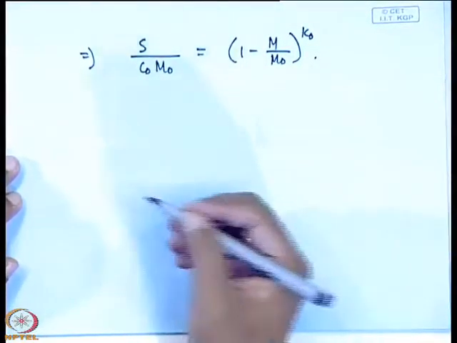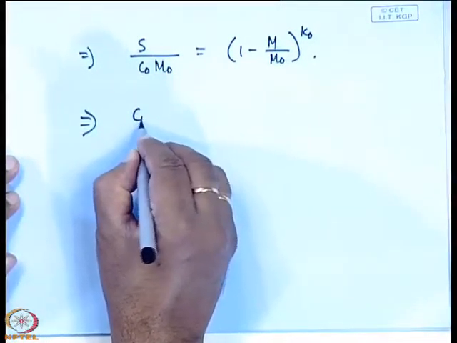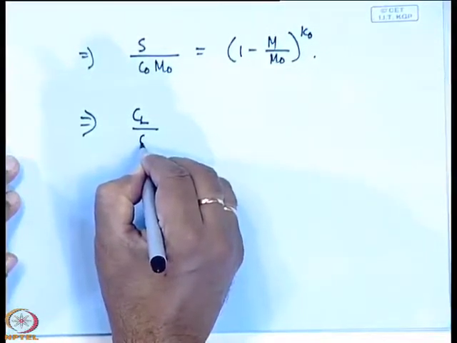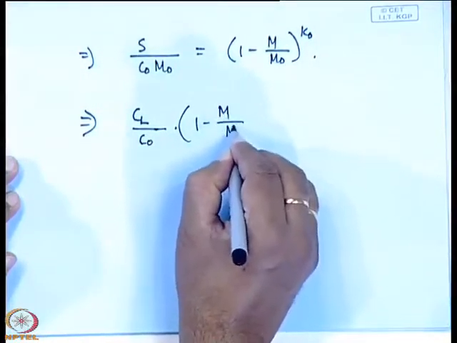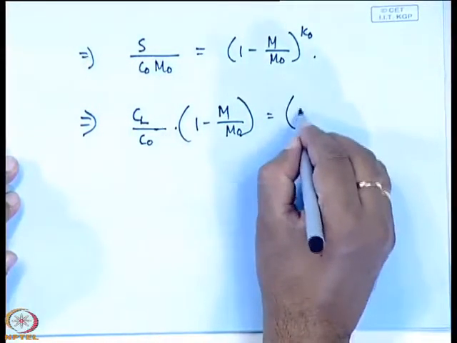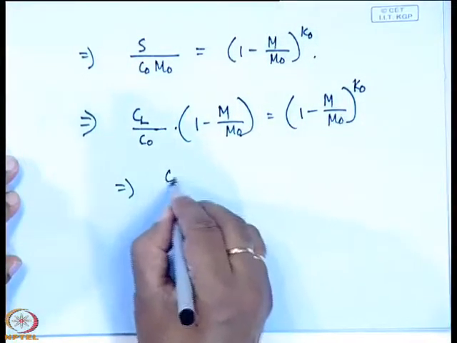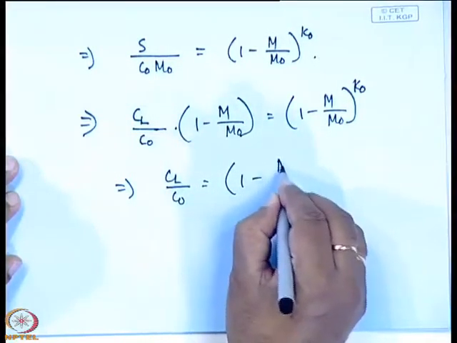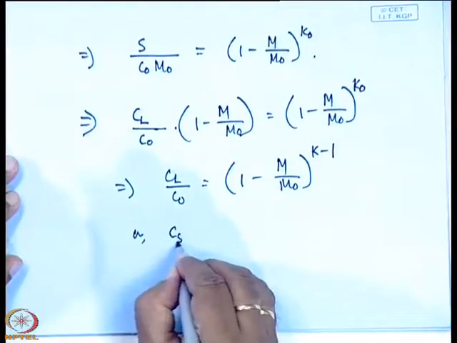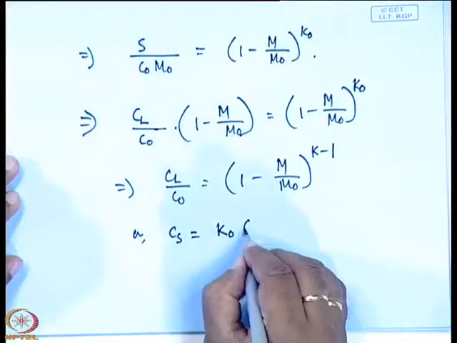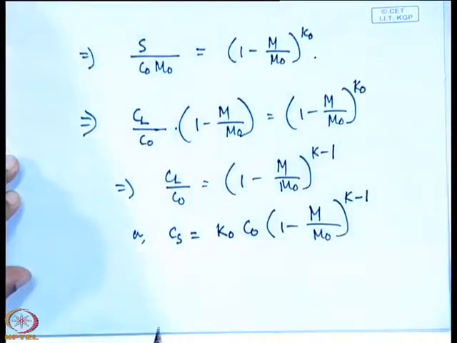Now replace S. S equals how much? CL upon C0 into (1 minus m by m0) to the power K0, or CL by C0 is (1 minus m by m0) to the power K0 minus 1, or Cs equals K0 C0 (1 minus m by m0) to the power K0 minus 1.